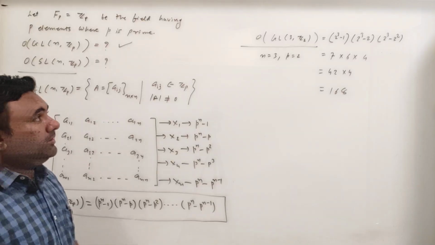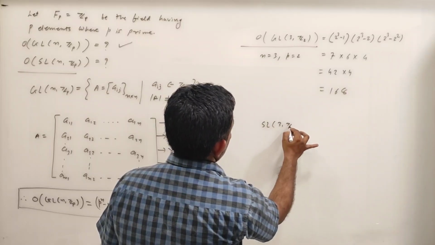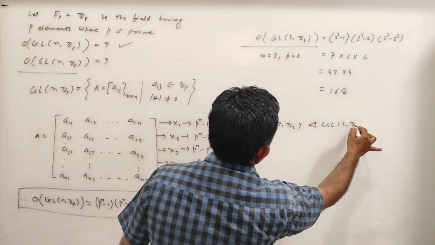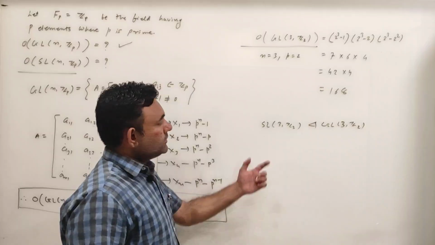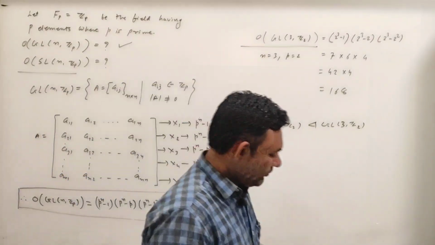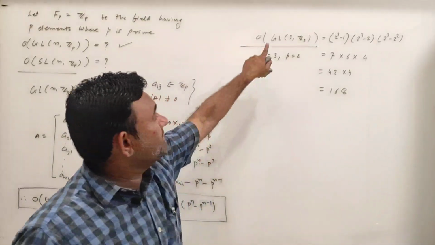Sorry, it is not simple, because consider SL(3, Z2). It is a normal subgroup of GL(3, Z2), so it is a proper normal subgroup. So this group is not simple.